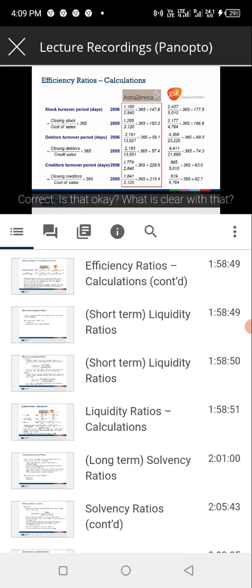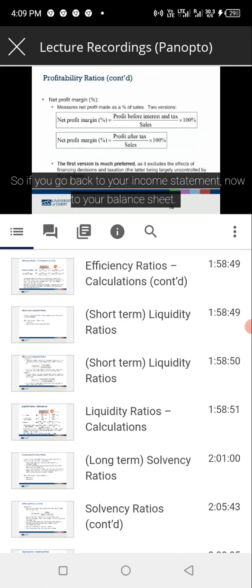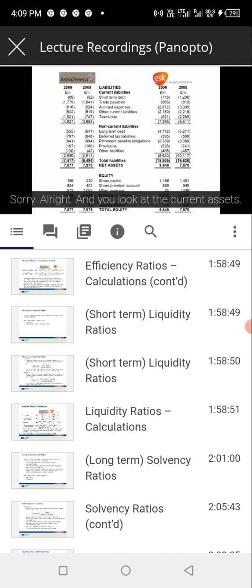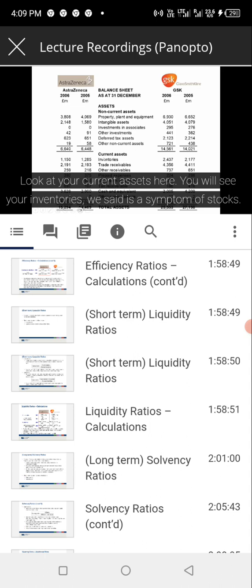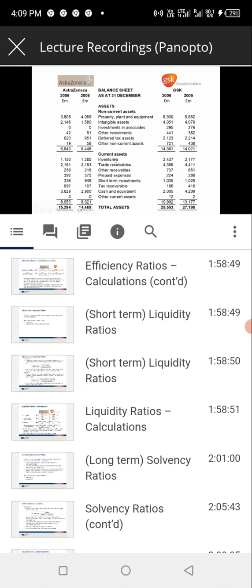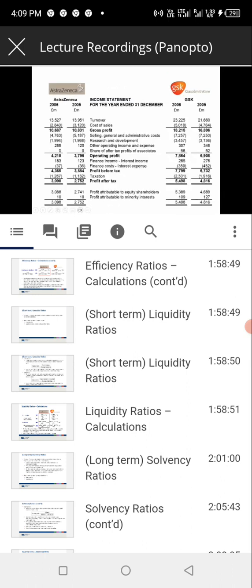Everybody's clear with that? So if you go back to your balance sheet, and you look at the current assets, you will see your inventories. We said it's the same thing as stocks. Is that okay? So you have your inventories here. And remember, your cost of sales is coming from here.